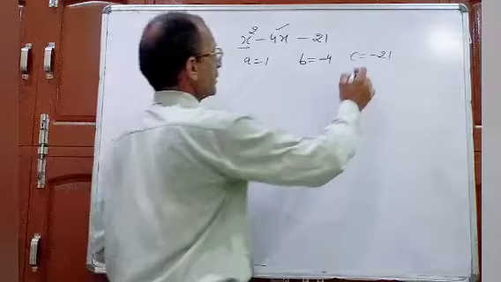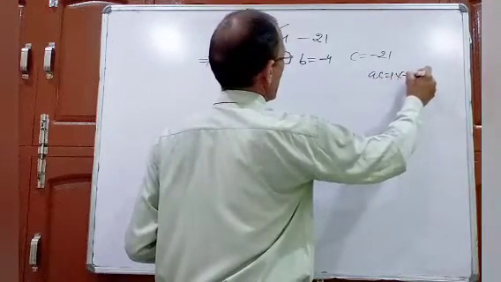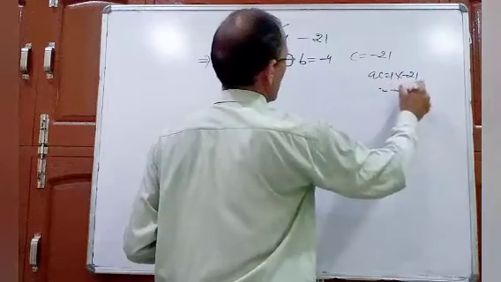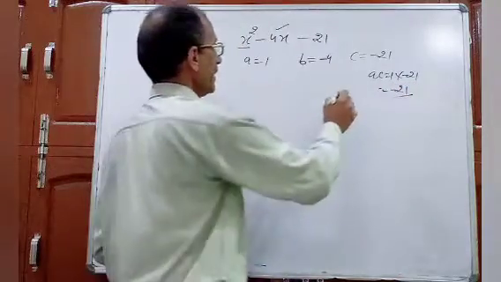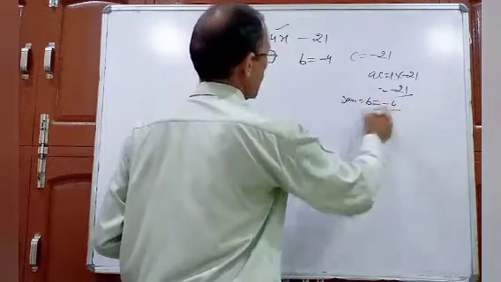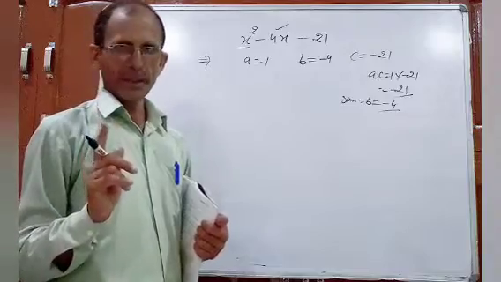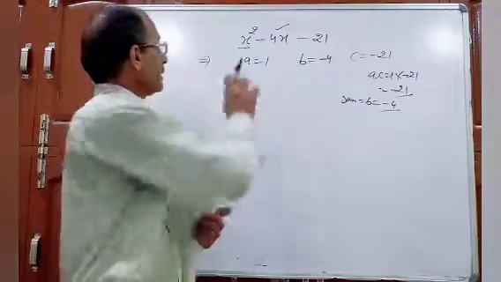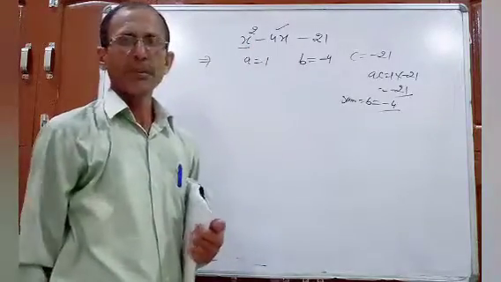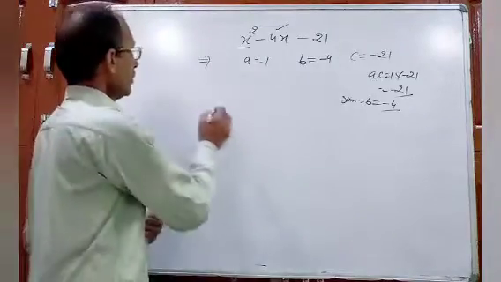Possible factor: ac means 1 multiplied by minus 21, so minus 21. Product should be minus 21 and sum should be equal to b, it means minus 4. This is the condition. We have to select 2 numbers. If we add them, the result should be minus 4. If we multiply them, the result will be minus 21.